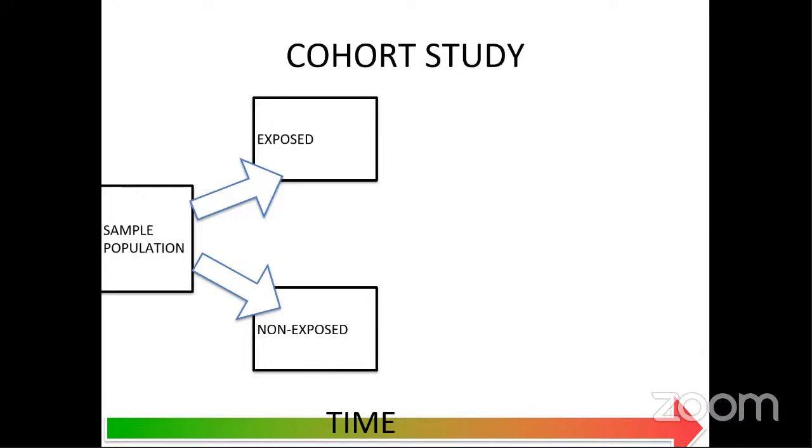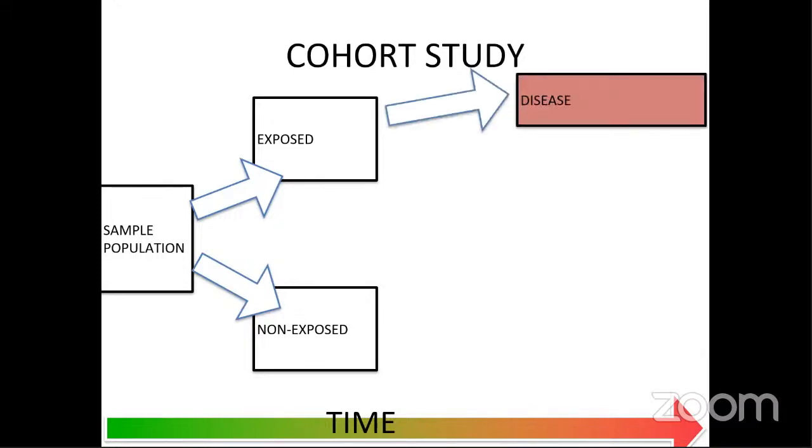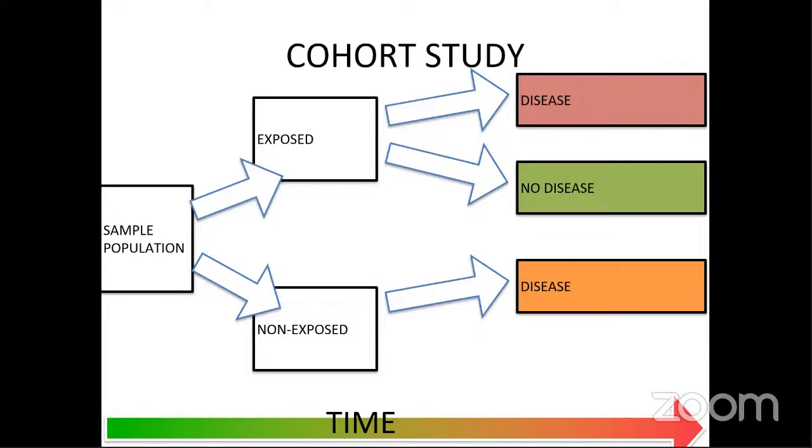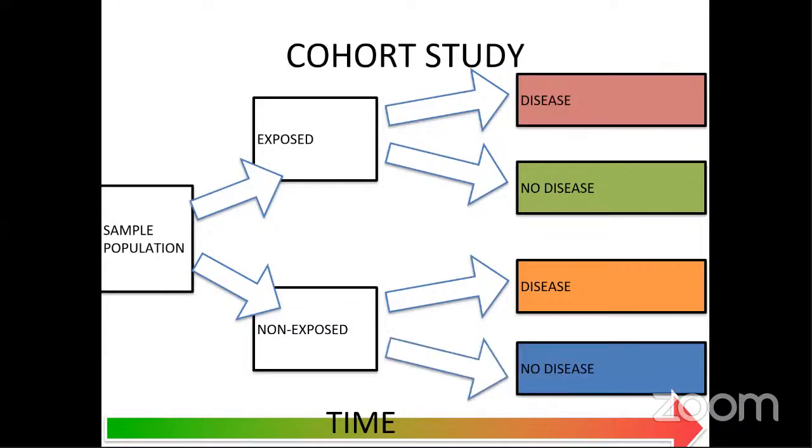There's a non-exposed. Exposed would end up with the disease or no disease. Same way with the non-exposed would have the disease or not have the disease. Okay, so this is the basic framework of a cohort study.